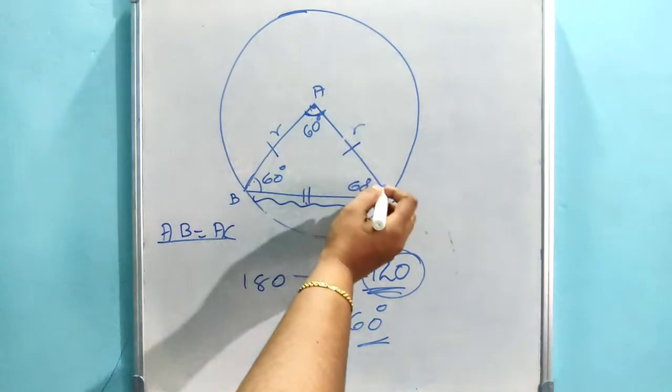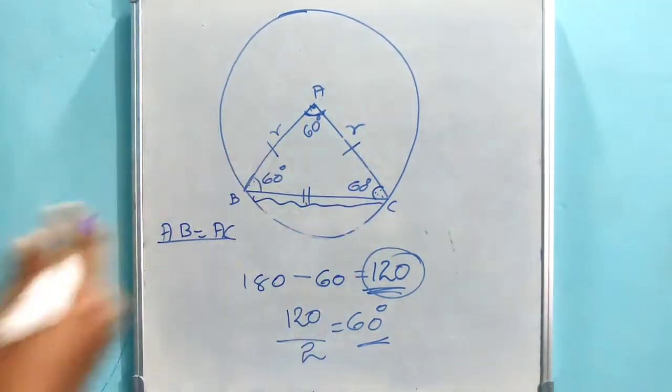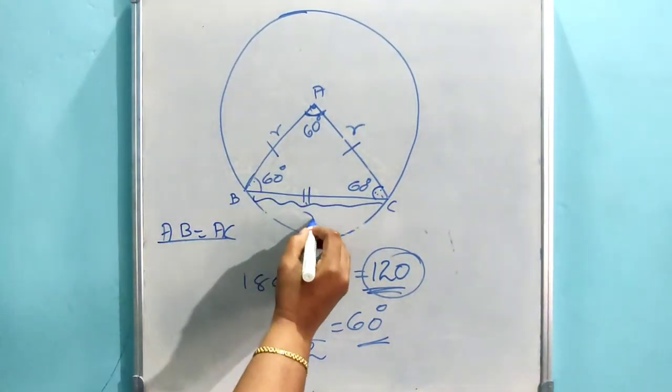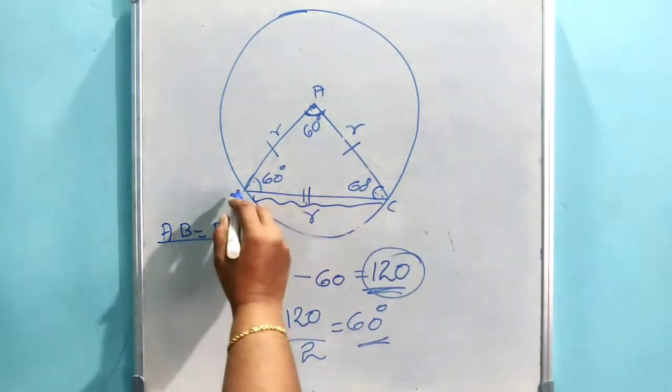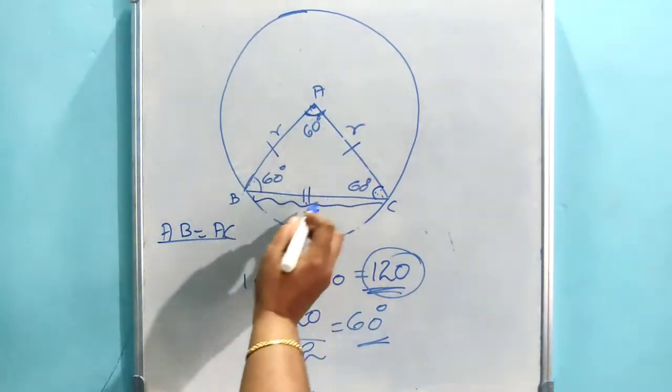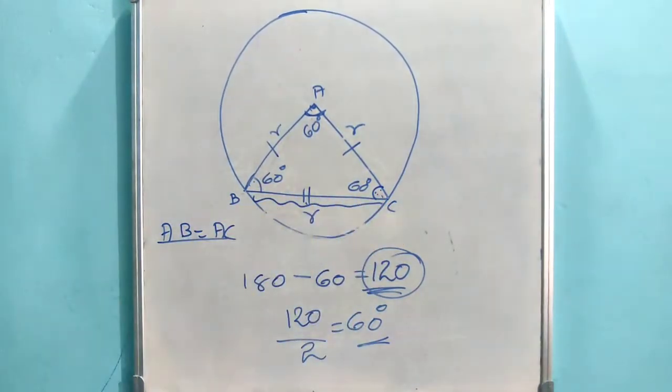All the sides are equal. We know that these two are the radius of the circle. Then the third side, the length of the chord, is also equal to the radius of the circle. So if the central angle of a chord is 60 degrees, then the length of that chord is equal to the radius of the circle.